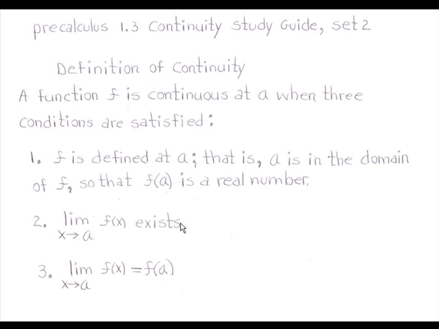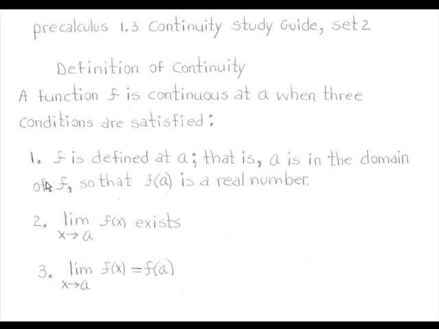We're getting a limit, and now we come down to 3, and in this case the limit has the same value as when we actually put a into the function, work it out, and get 5 out. So if this passes the test, then we know definitely the function is continuous, because now the limit is also equal to the function when we actually put a into it.